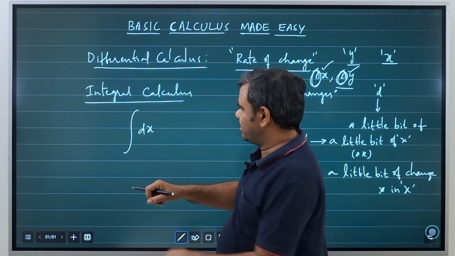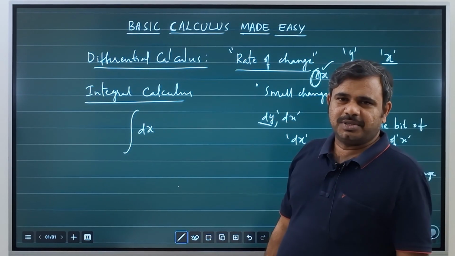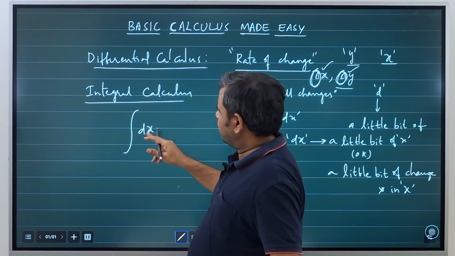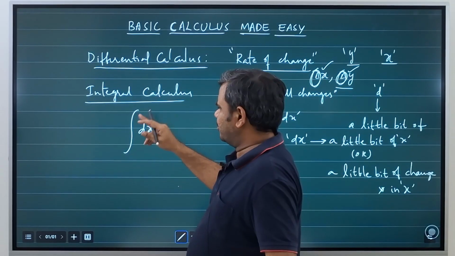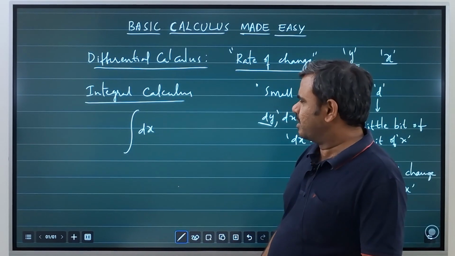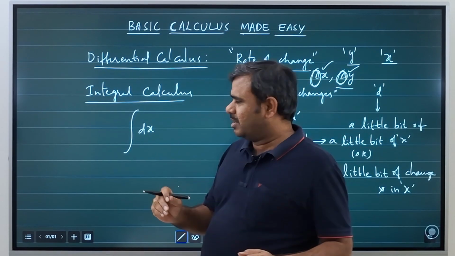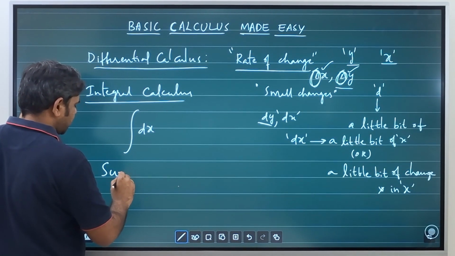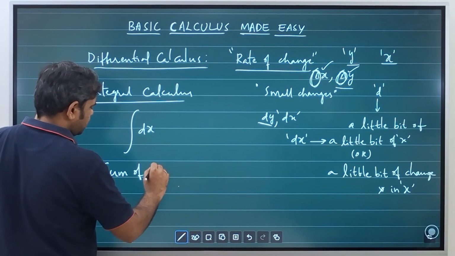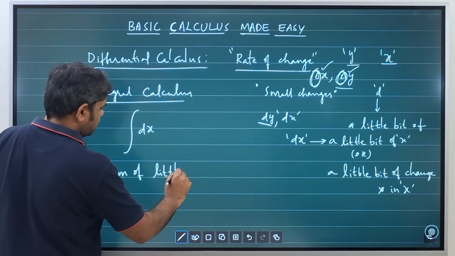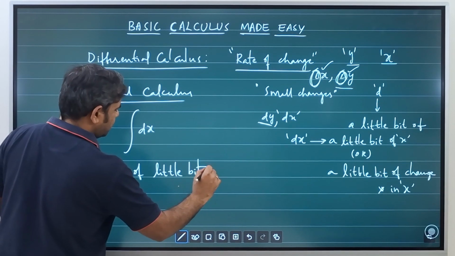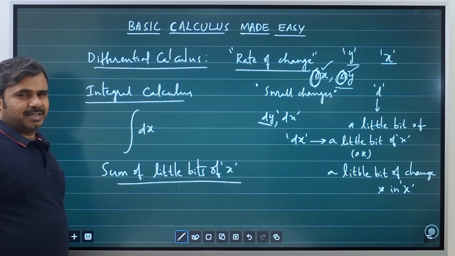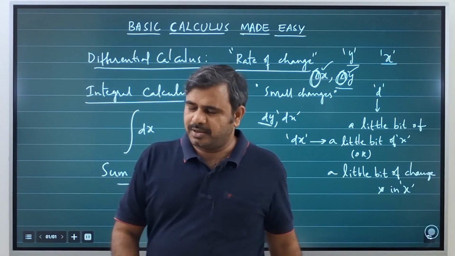This symbol, a stretched letter s, stretched up and below, is used for integration. Integral dx means sum of little bits of x, sum of small values of x. That's what we are going to study in integral calculus.